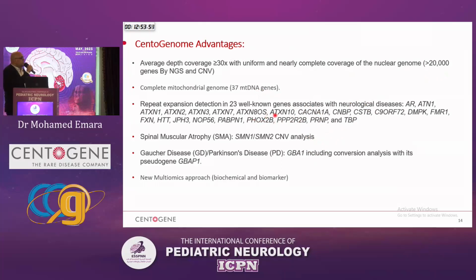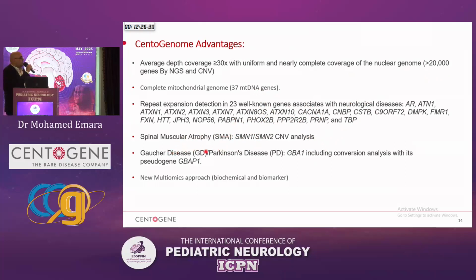the repeat expansion. It also covers the spinal muscular atrophy CNV analysis, which could be a preliminary diagnosis for the SMA exon deletions in exons 7 and 8, upon which a confirmatory test is done by MLPA to ensure whether this patient has SMA or not.